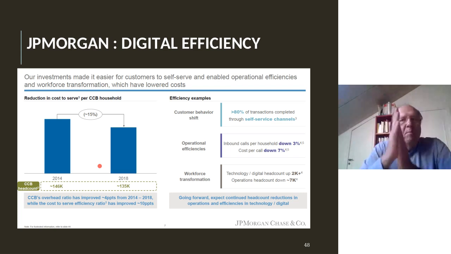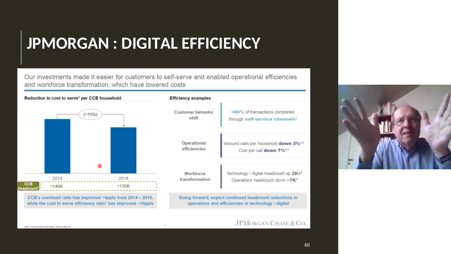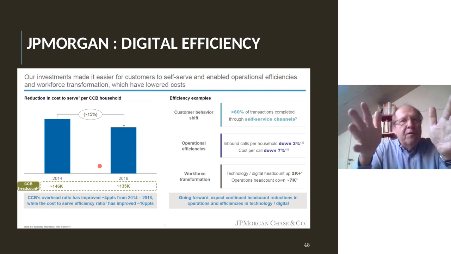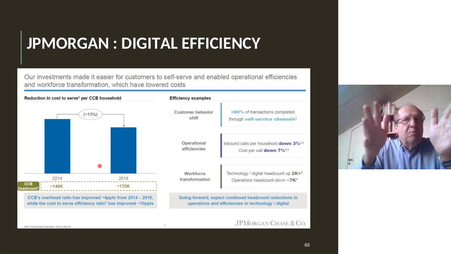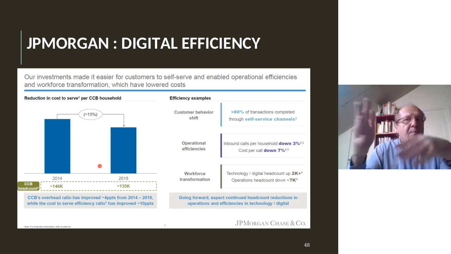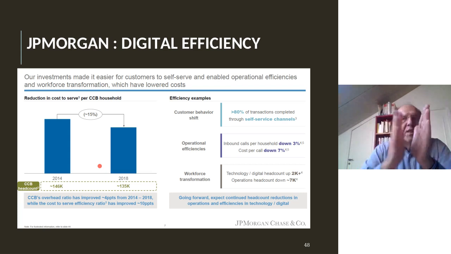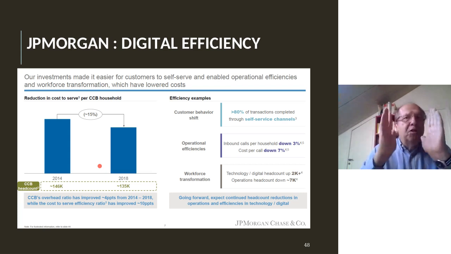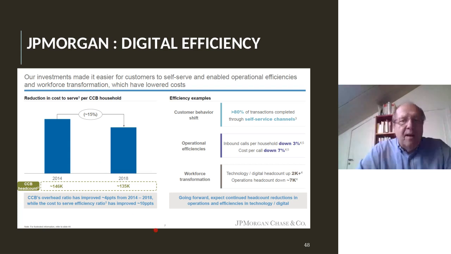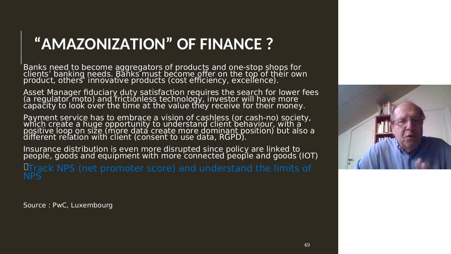JP Morgan claimed that they employ more than 30,000 engineers. But even a bank like Goldman Sachs, much smaller, much more focused, claims that they have close to 9,000 people working on such things. So the bank of tomorrow is already there. Banks didn't wait for the fintechs in order to react and to be on the market.